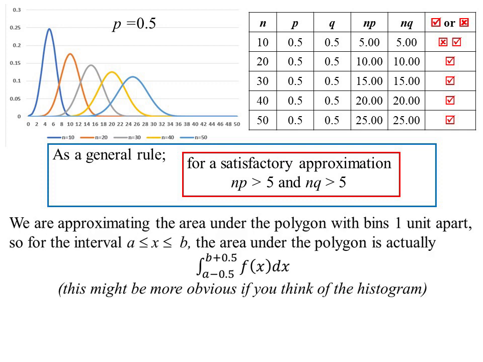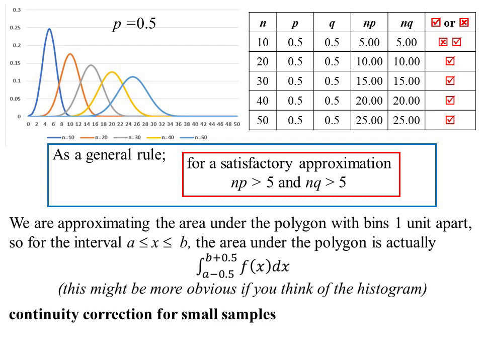Now, remember what we're actually doing is finding the area under the polygon. Our bins, as we call them, are 1 unit apart. So technically the area under the polygon is actually from a minus 0.5 to b plus 0.5. If you think of the histogram, the actual rectangles, that'll be a bit more obvious what the integral actually is. So when you have really small samples, there's this thing called a continuity correction.